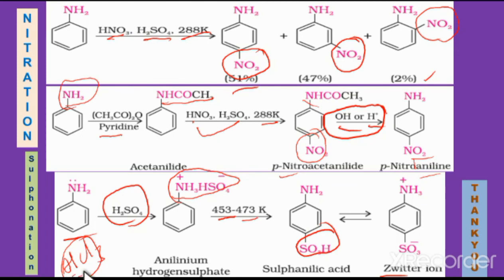AlCl3 acts as a Lewis acid and reacts with aniline, which has the lone pair of electrons and is basic in nature, forming a salt. Due to that, it does not undergo Friedel-Crafts alkylation or Friedel-Crafts acylation.